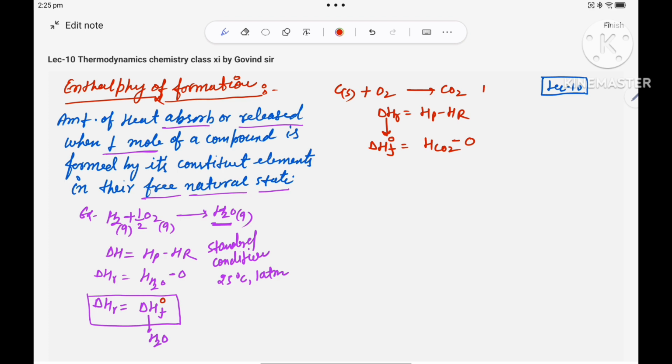In that reaction delta H is given as minus 400 kilojoule. So the standard enthalpy of formation for CO2 will be minus 400 kilojoule. That enthalpy of formation is for carbon dioxide.